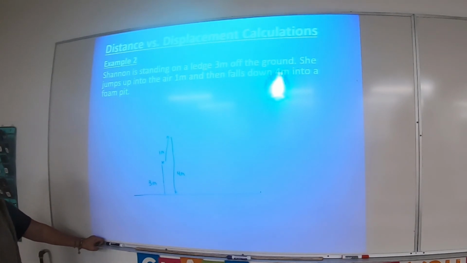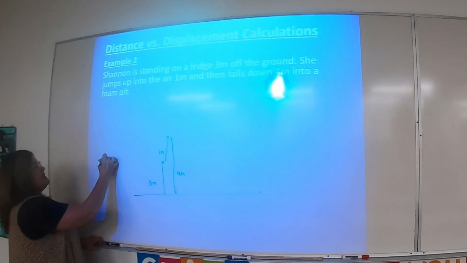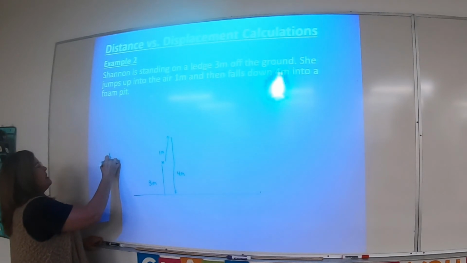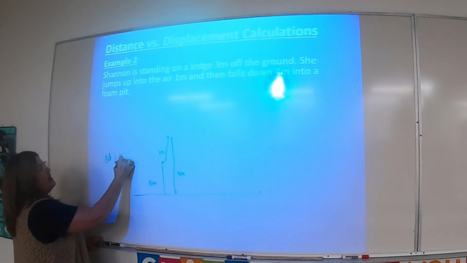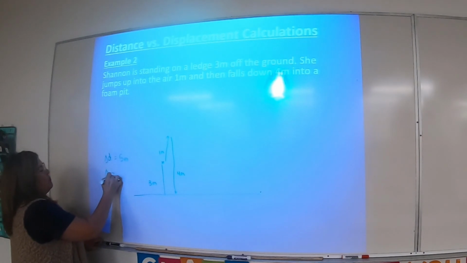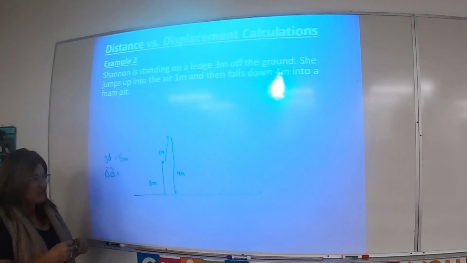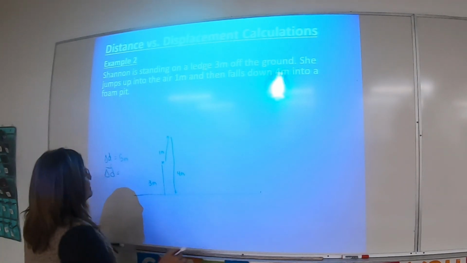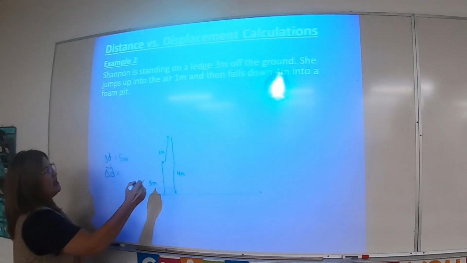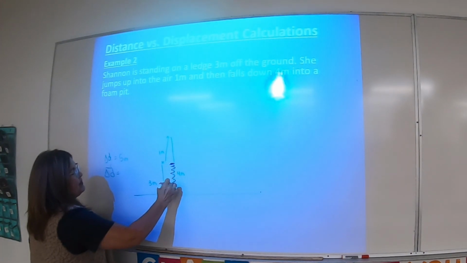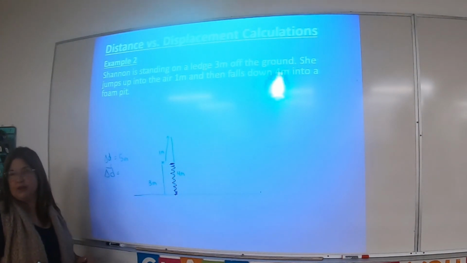So what's her distance? What path traveled? 1 up, 4 down. So distance is going to be 5 meters. What is the displacement? The displacement is just the straight line segment from beginning to end. So start it here and end it there.